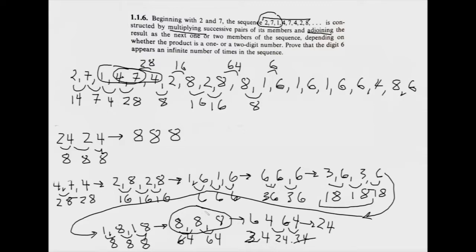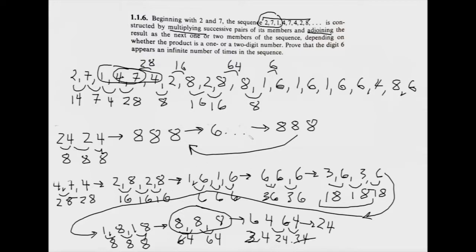So this will generate 6s, and then it will generate itself again. So it cycles back. So this is the key to the whole proof.